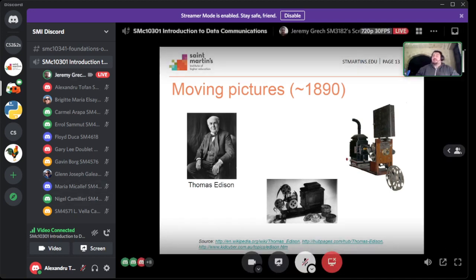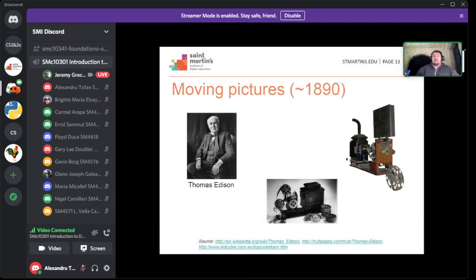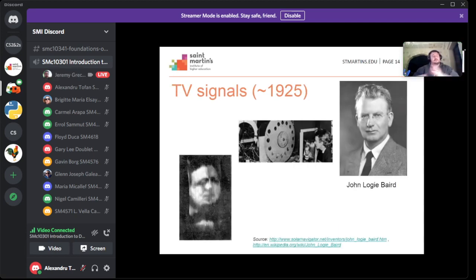And that in turn led to another invention, developed by John Logie Baird in 1925, who transmitted those moving pictures over a wireless signal.